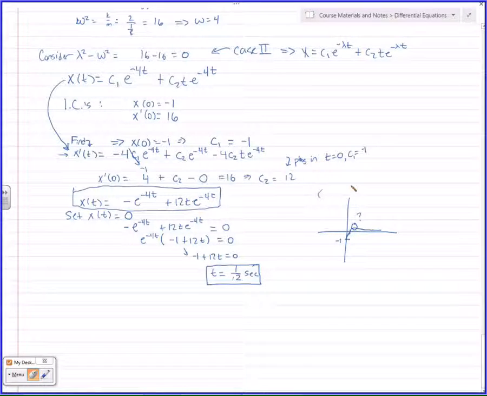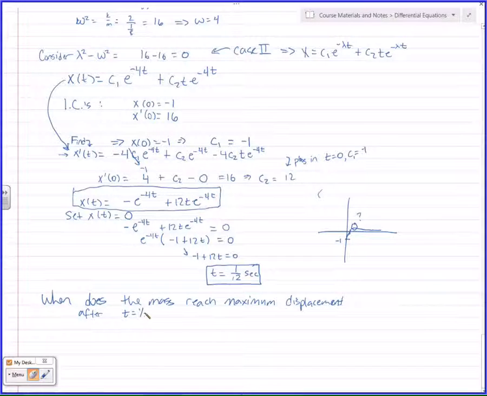And because it's a nice continuous function, it hits maximums where its first derivative is 0, at a horizontal tangent. So when does the mass reach maximum displacement after t equals 1/12?